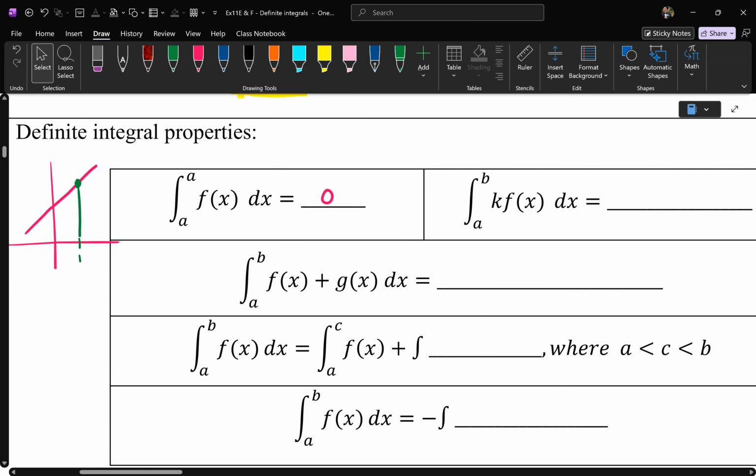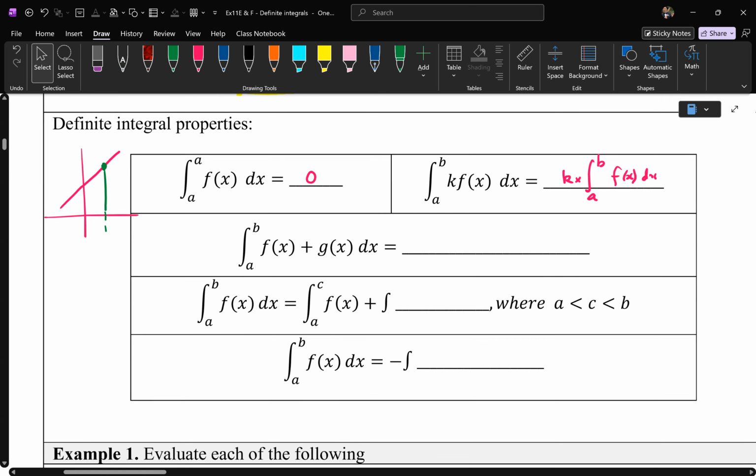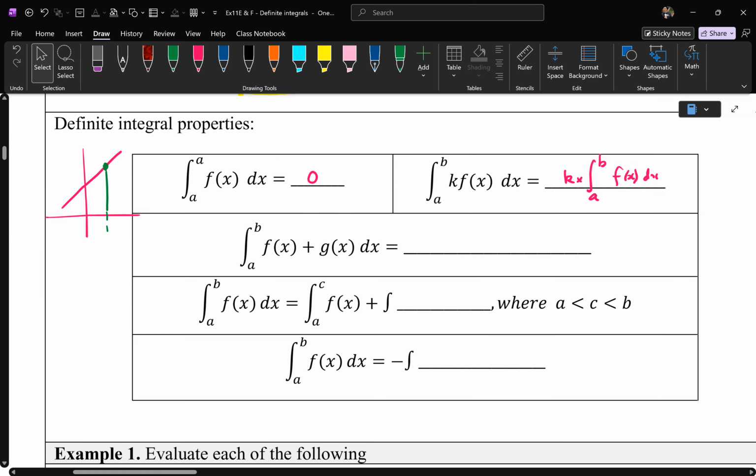If you have a constant that's a scalar multiplication to a function, well then we know we can actually take out k and write the antiderivative, so k times the integral from a to b of f of x dx. Okay, so you can take out a constant that's multiplying.